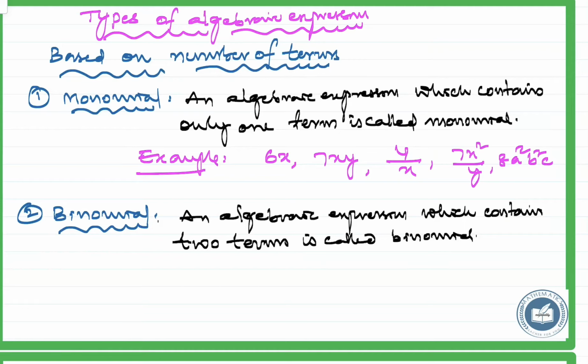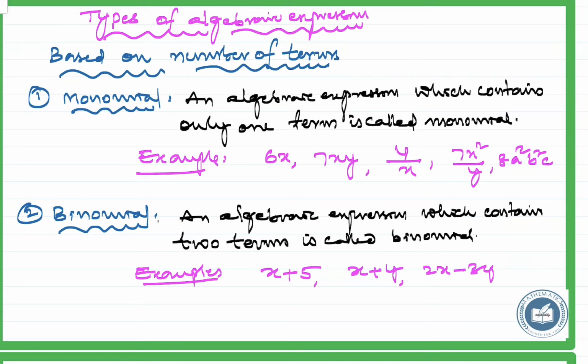Here I am going to write examples. x plus 5. How many terms are there here? Two terms. x plus y, here both are variables. 2x minus 3y, here difference of two terms.